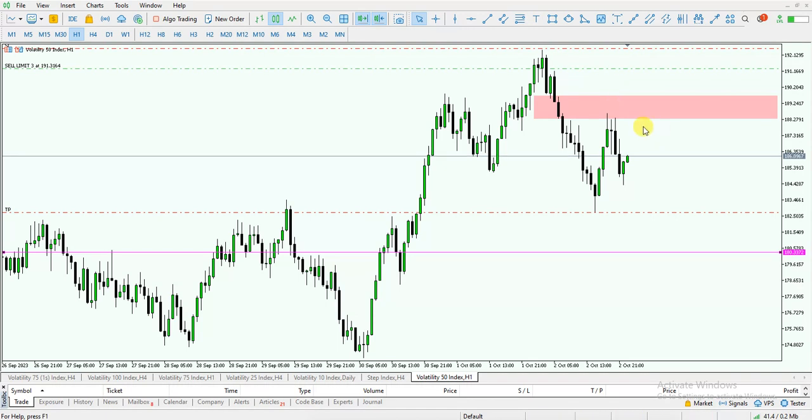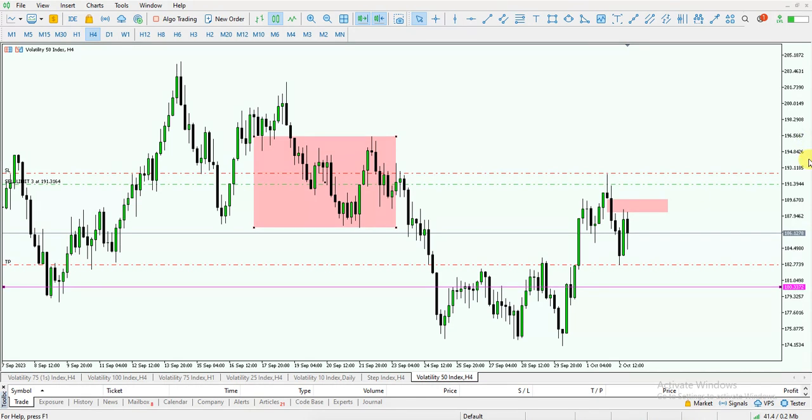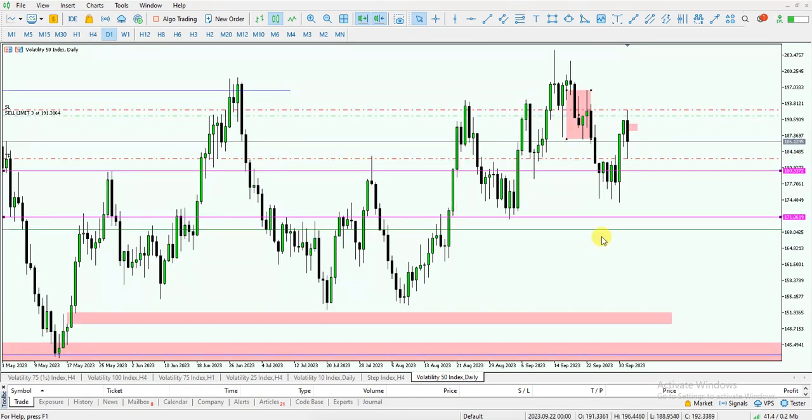Okay, so beautifully, that's the whole premise of what I was trying to point out to you on this market. So ultimately, on the daily, we are seeking price to rally down here, and all actions here are pointing to you that we are looking at going down, riding the market downwards.